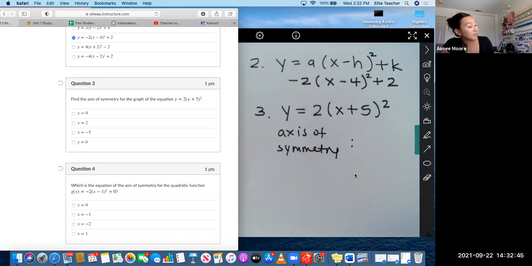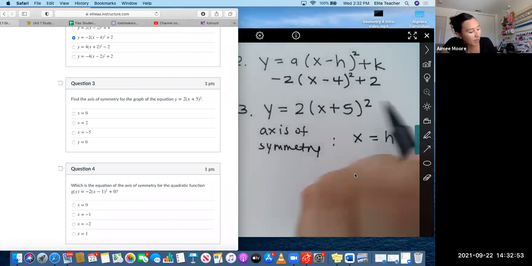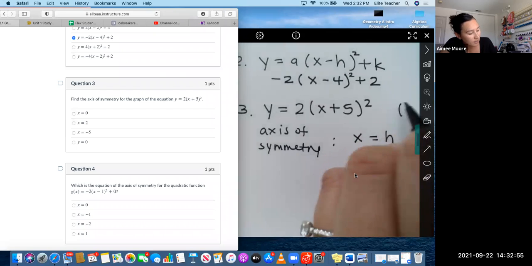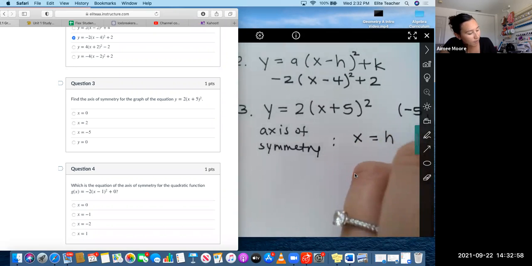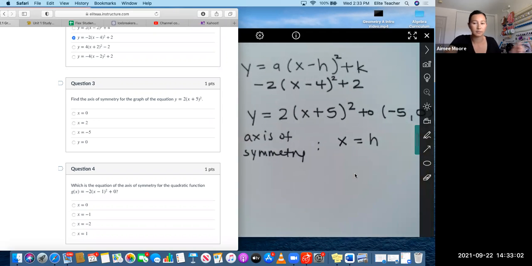So remember the axis of symmetry, we said you can always write it by writing x equals whatever your h is. So in this case, since it's +5, our vertex would be -5, 0, because k, we could technically write it as +0.